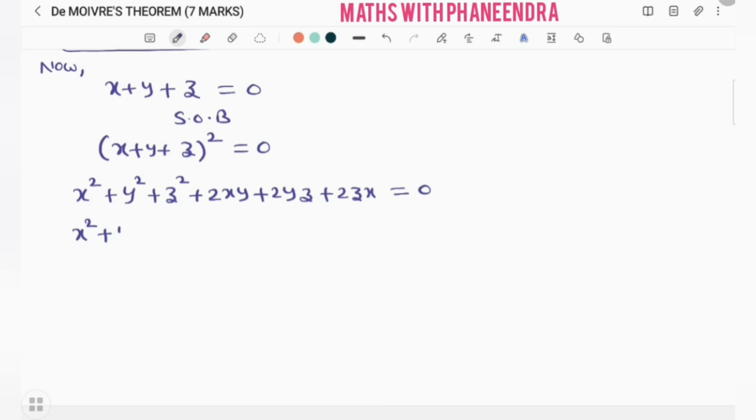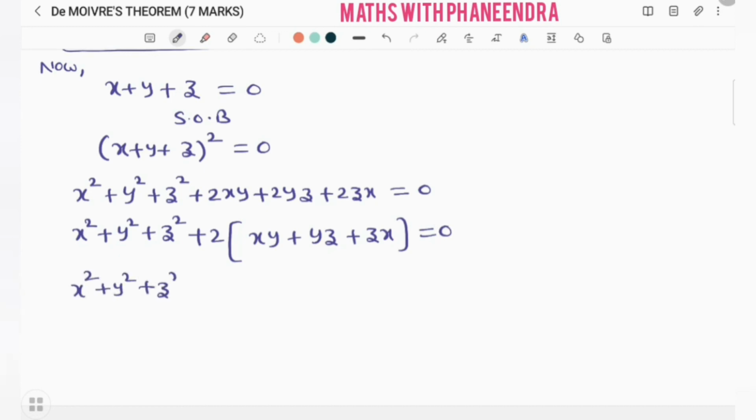x square plus y square plus z square. Observe carefully, dear students, the last 3 steps now. Here 2 is common. xy plus yz plus zx. x square plus y square plus z square plus 2 into, in place of here xy, in the second term yz, in the third term in bracket zx.